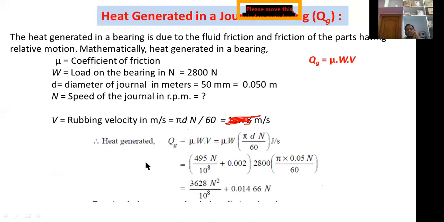Now from the heat generation formula, Qg equal to mu W v, you have to substitute all values in this equation.